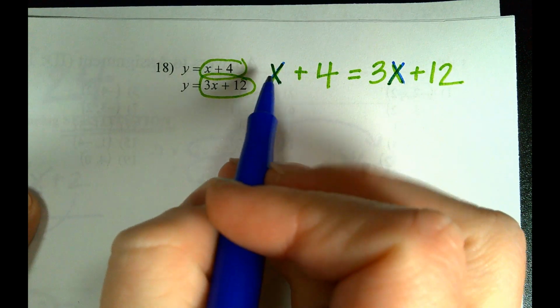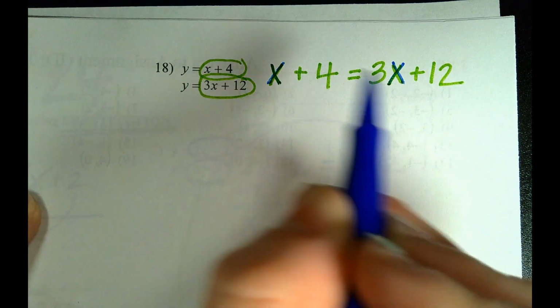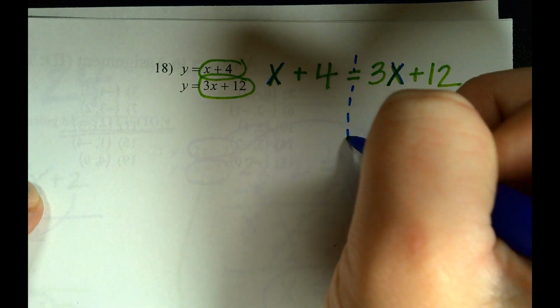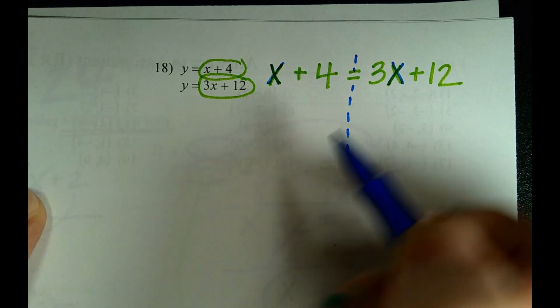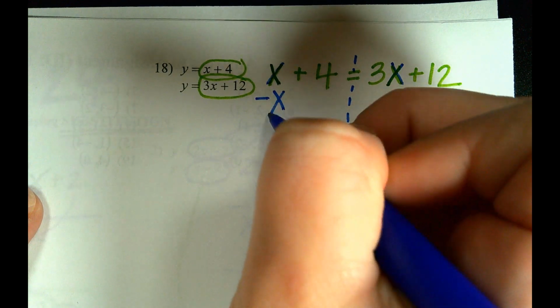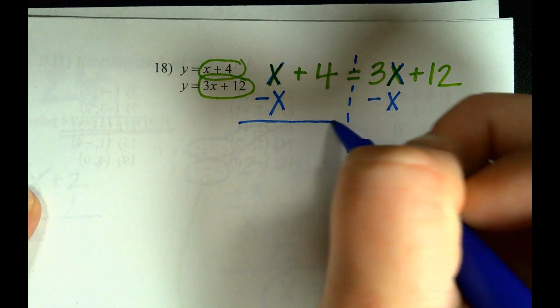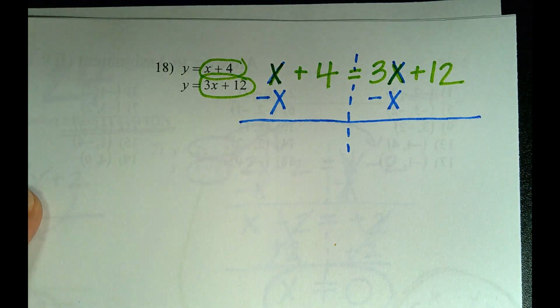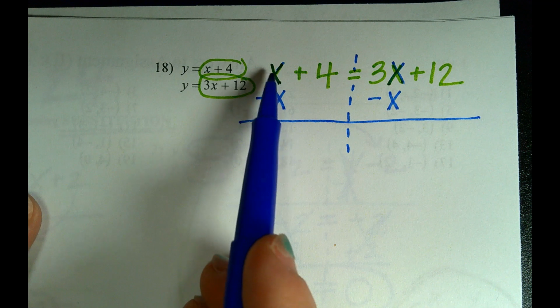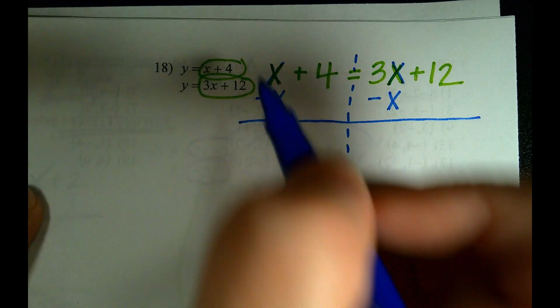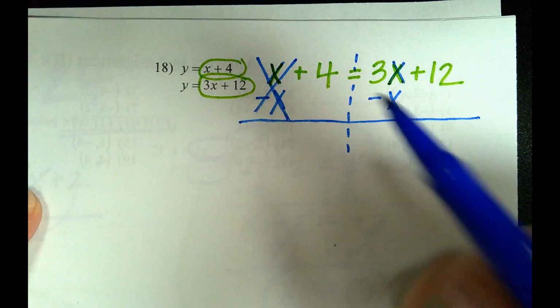Let's subtract the x from this side and the other side so that we can get all the x's on the same side of the equal sign. So minus x, minus x. Okay, what happens to x minus x? They cancel out. They are gone.